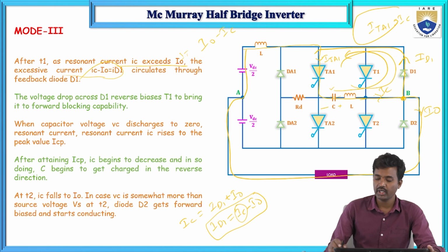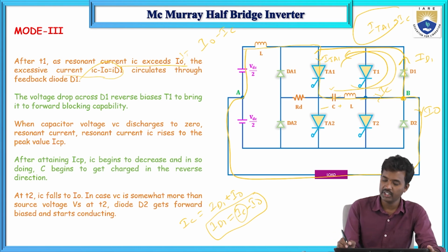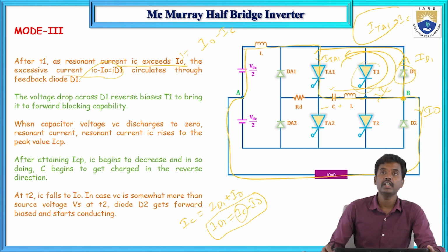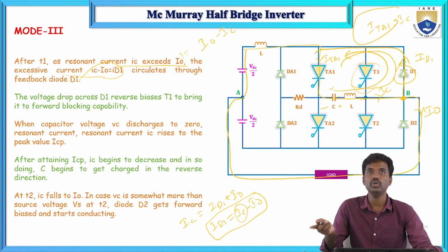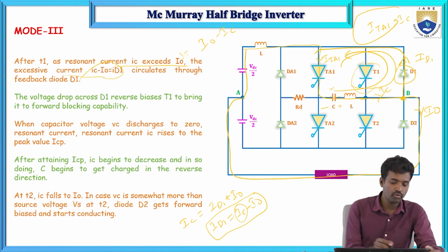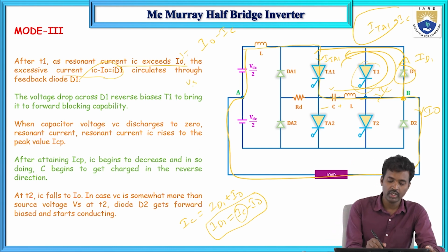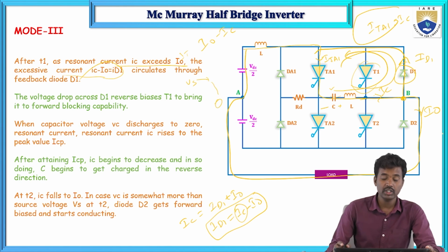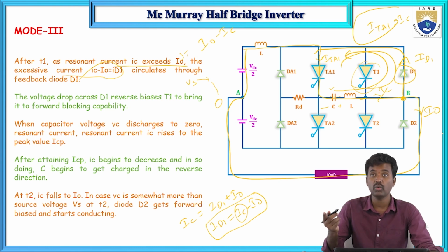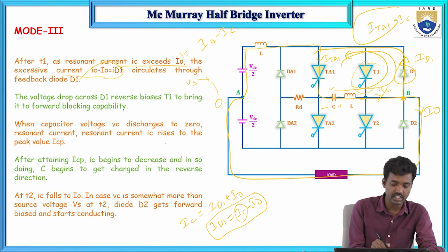Because of this D1, what will happen? D1 reverse biases T1, bringing it from forward conducting mode to forward blocking mode. When the capacitor voltage discharges to 0, initially it was Vs in the first mode, and in the second mode it decreases. When it decreases to 0, the capacitor current moves towards the maximum value, that is ICP.